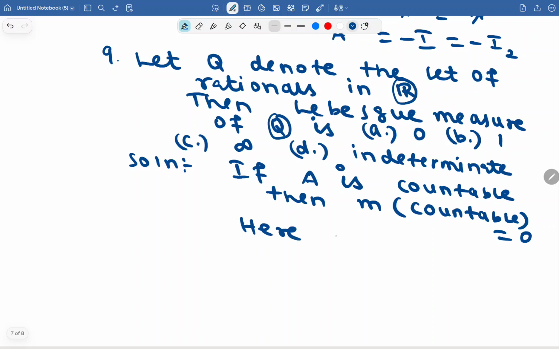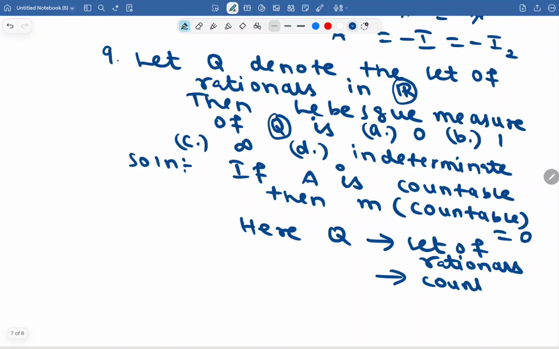Here Q, which is the set of rationals, is countable, therefore from the result, measure of countable is 0.